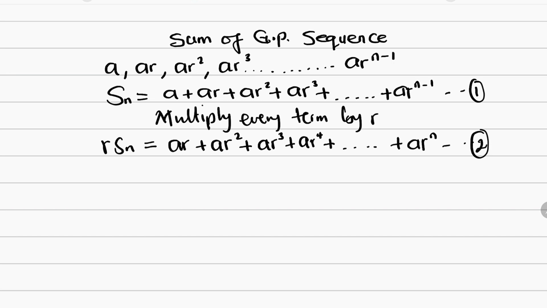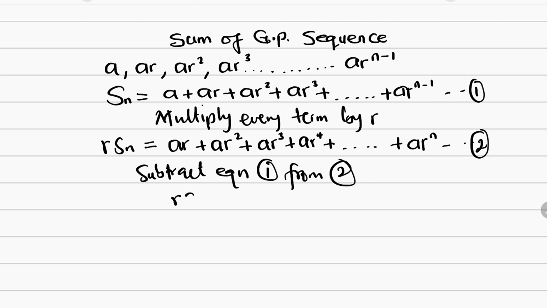Now we are going to subtract equation 1 from equation 2. From the left hand side we have rSn minus Sn. What I mean here is this minus this, from equation 2 to equation 1.